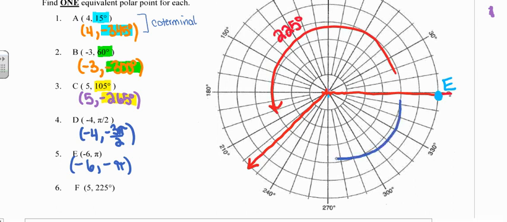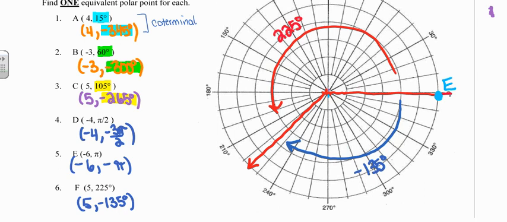If we're going to hit that same ray going in a clockwise direction, it would be the 360 minus the 225, or a negative 135 degrees. Same radius of 5, but again, his coterminal buddy, negative 135 degrees. And this radius is positive, so I'm just going to count out on that ray. There, folks, is point F.